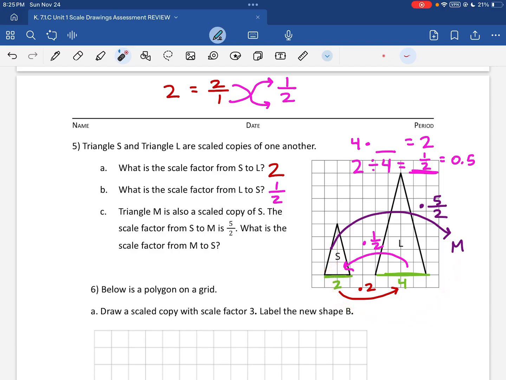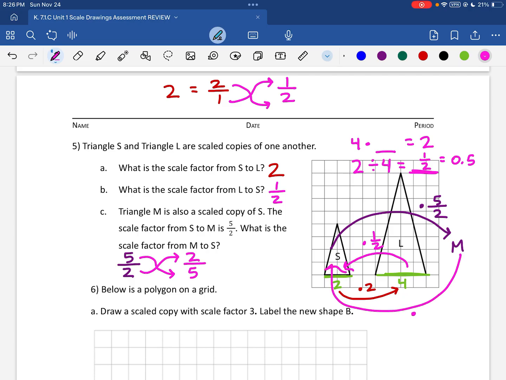What is that scale factor going to be? Well, using that same trick from our last problem, understanding reciprocals, 5/2 flipped upside down to its reciprocal would be the fraction 2/5. So if I'm going from M to S, I would be multiplying by the reciprocal of 5/2, 2/5.